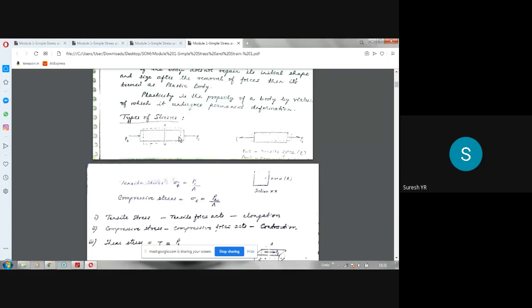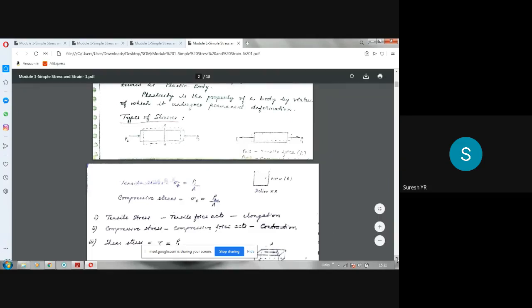So tensile stress and compressive stress are called normal stresses because they act perpendicular to the plane. For example, this P is the force which is acting on the cross section of this bar, maybe circular or rectangular. It acts perpendicular to that. That is why it is called direct stress or normal stress. So the two types of direct or normal stress are tensile and compressive.